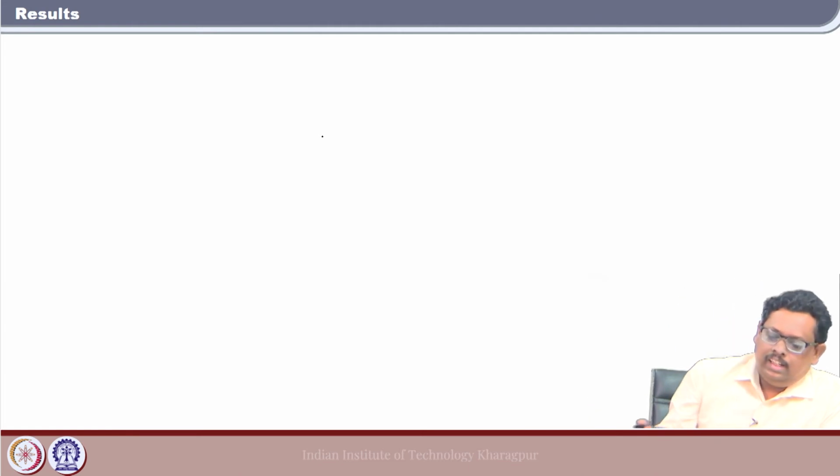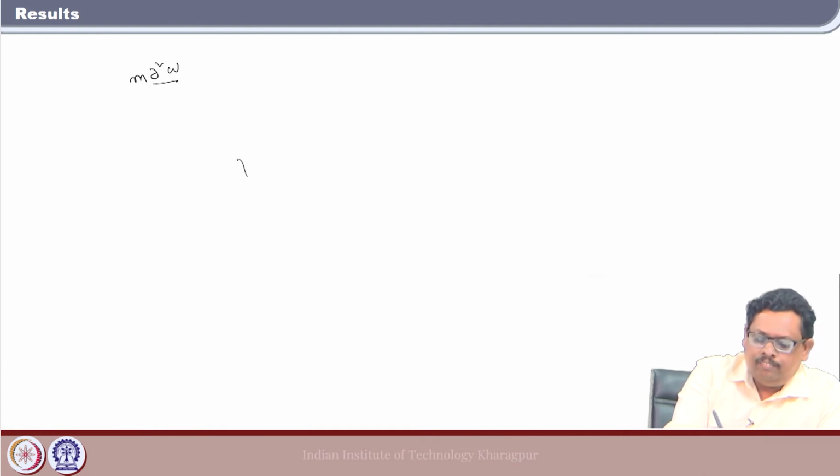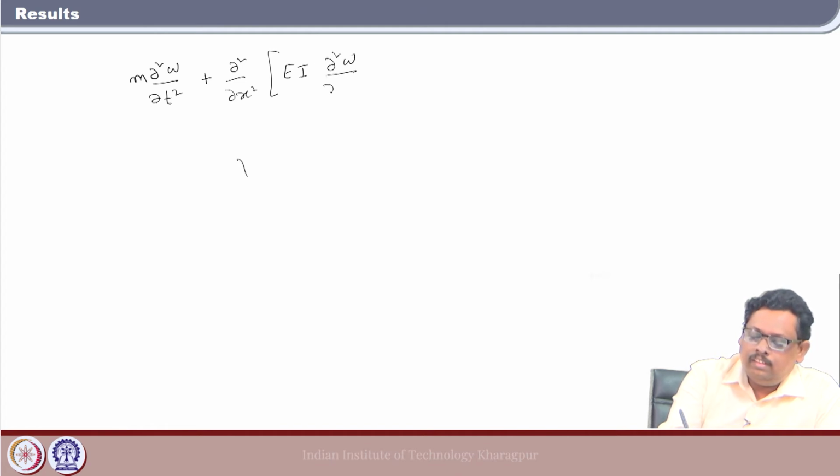If I do that, I am left with the following: m into del square w by del t square plus del square by del x square of E into I del square w by del x square, this equals f of x. Now I can move it to the left hand side, so I write minus f of x equal to 0.